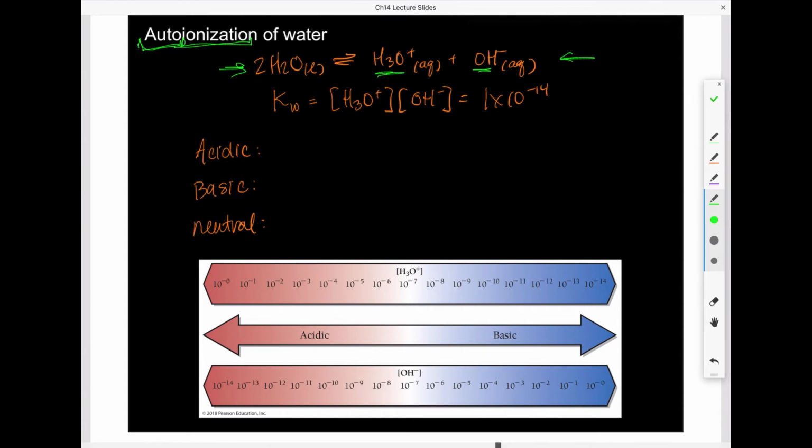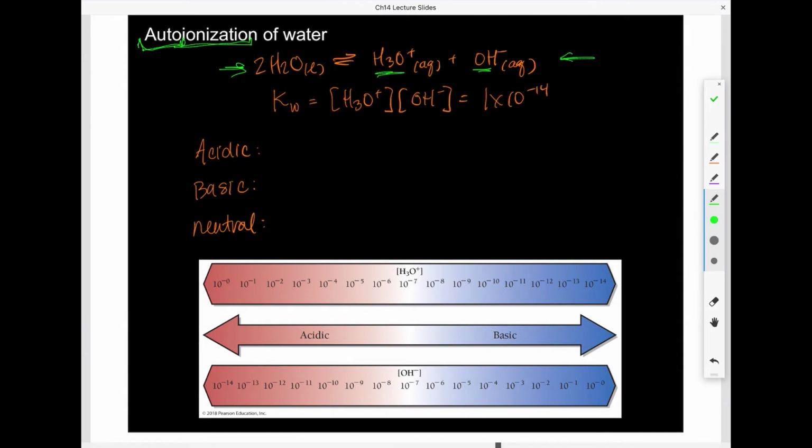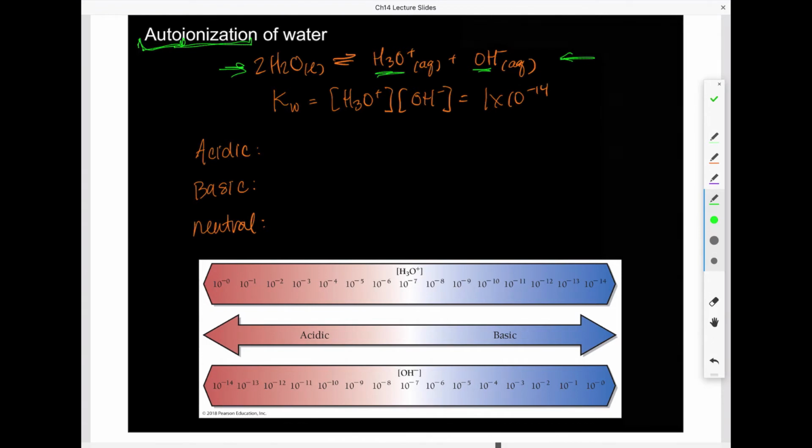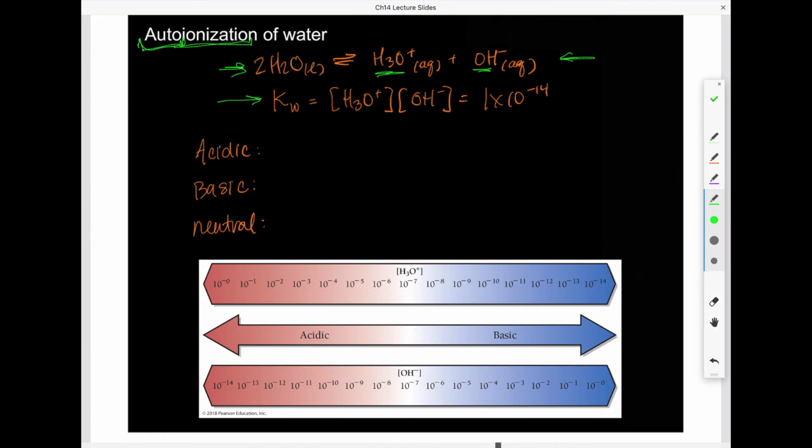Now, not a whole lot, right, but it does explain why even pure water has a very low level of conductivity, because even with nothing else in it, there are some ions formed from the spontaneous autoionization of water. So then there have been enough tests done to know exactly how much water ionizes, right?